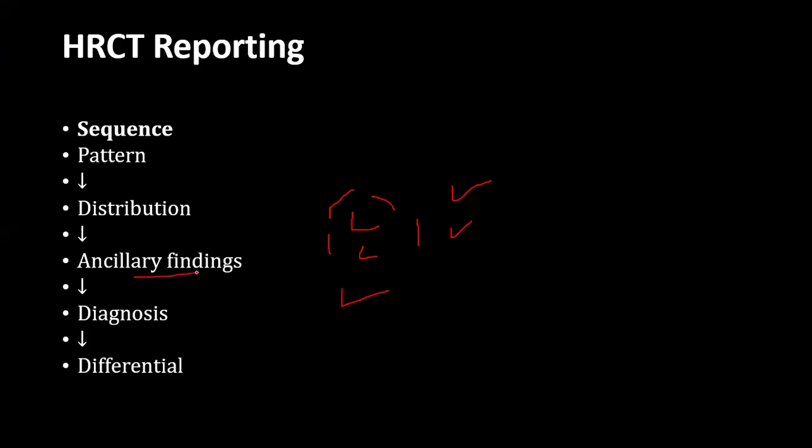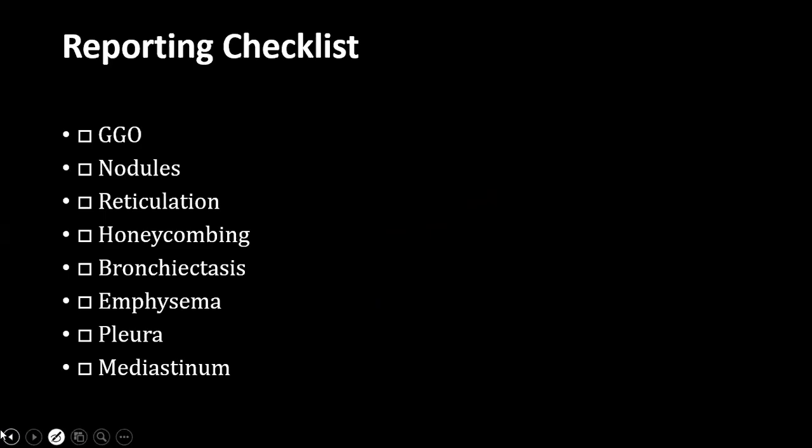Look for the ancillary findings, correlate with the history of the patient, right? Ancillary findings like joints, tissues, effusion, lymph nodes, all those things, right? Esophagus dilatation. Next, make a final diagnosis and always give the differentials if you have overlap of the findings, right?